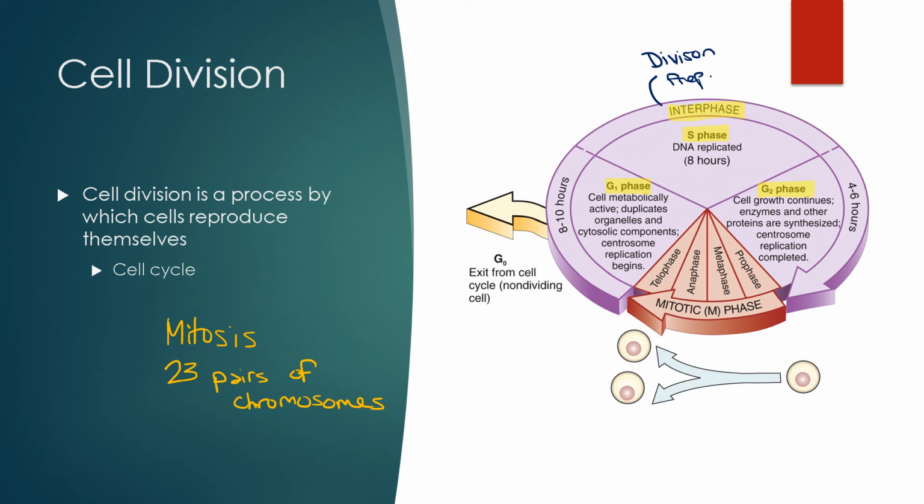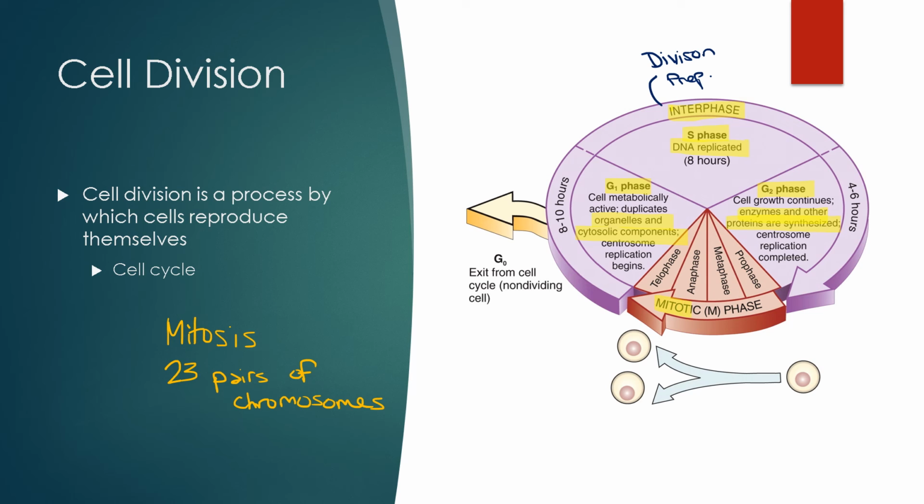Pretty much G1 phase is where the organelles and cytosolic components are duplicated. G2 phase, this is where pretty much the enzymes and other proteins are going to be synthesized. And then our S phase is going to be our major phase where DNA is all replicated.